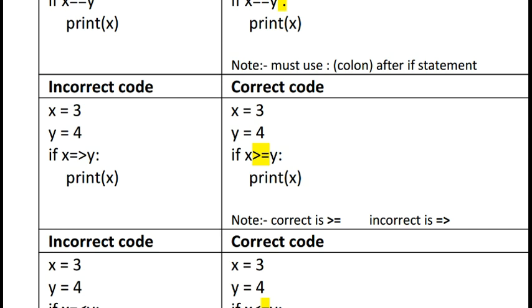The incorrect thing is equal then greater than. The right thing is to use the greater than symbol, then the equal sign. So this is the right way.